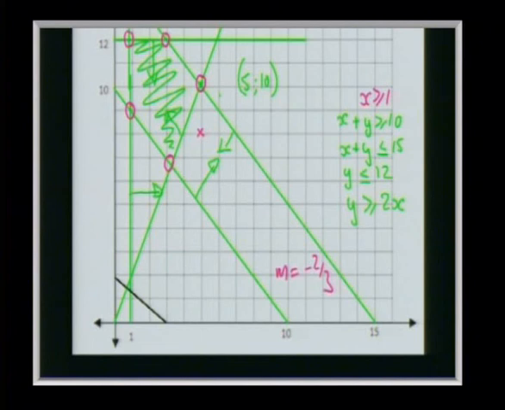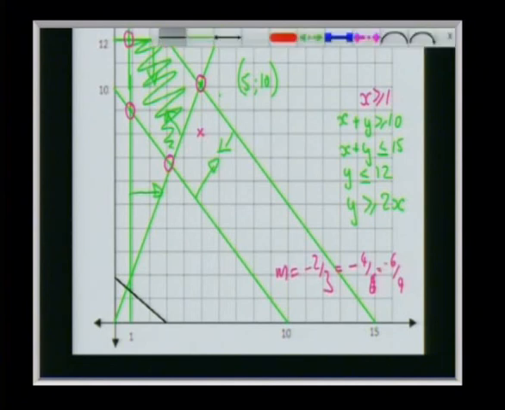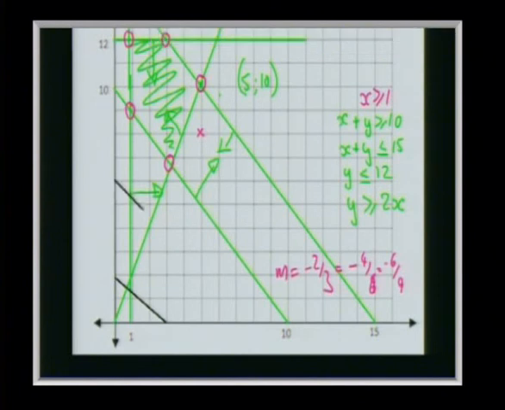So I'm going to say, and we know that it's absolutely true, it's the same as negative 4 over 6. Or how about multiplying everything by 3 and having negative 6 over 9. That's just going to make life so much easier. So 2, 3, 4, 5, 6 over 9. There we go.